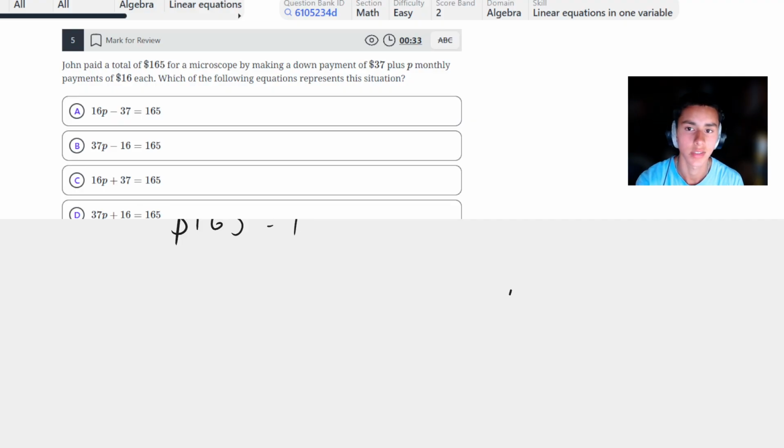So 16x. And then the down payment of 37 is like the constant. Like this can be looked at as y equals mx plus b. Constant is always just one payment. There's only one payment, so the down payment is the constant, but every month he's paying another 16.